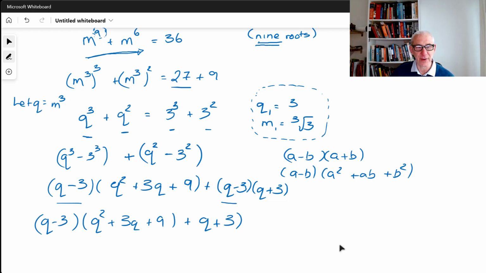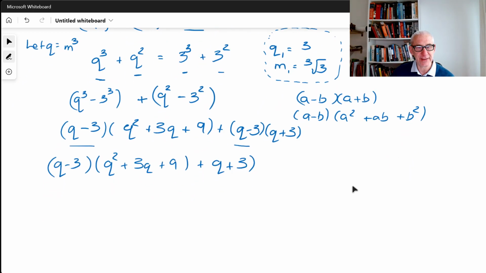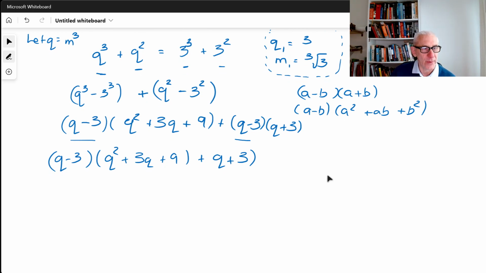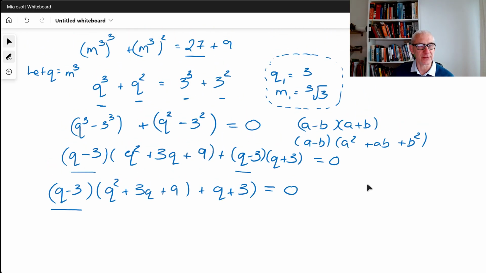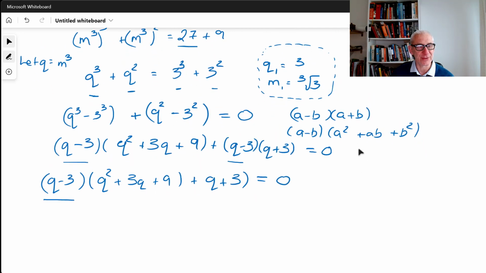Let me just move my board up slightly, and we are going to be able to rewrite that. That is one root. That confirms that one of the roots is 3, because we're going to set that now equal to 0, having moved everything across. I should have said that earlier on, that having brought the 36 across, all of this is going to be equal to 0. So I did miss out a step there, my apologies.